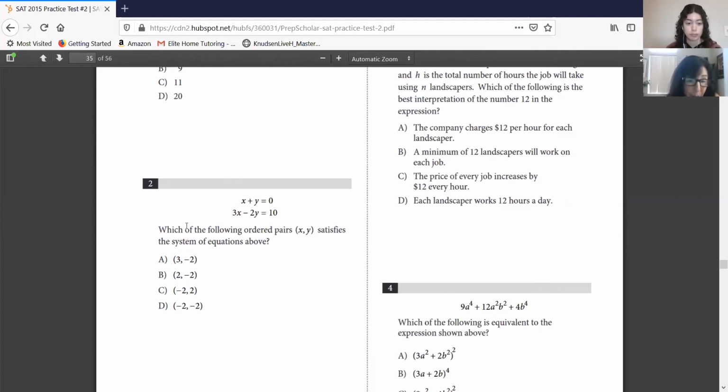So the numbers have to be basically the positive and the negative of each other in order to work for equation 1. So therefore it's going to be either B or C. We can also eliminate answer D.